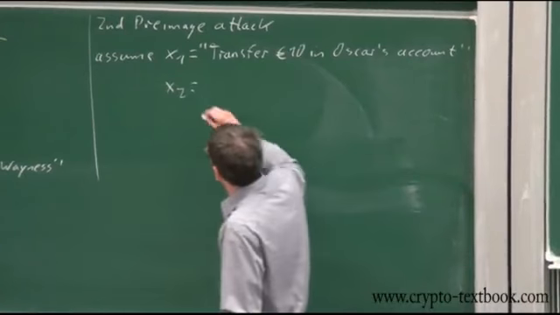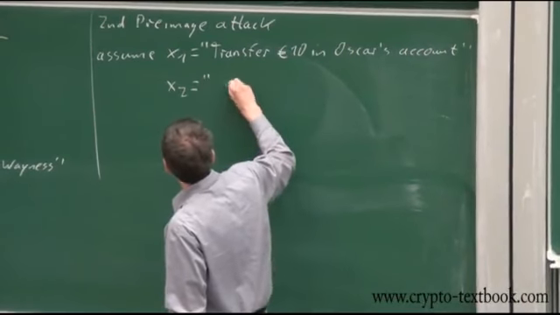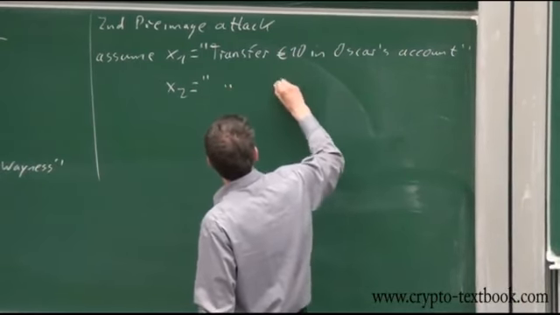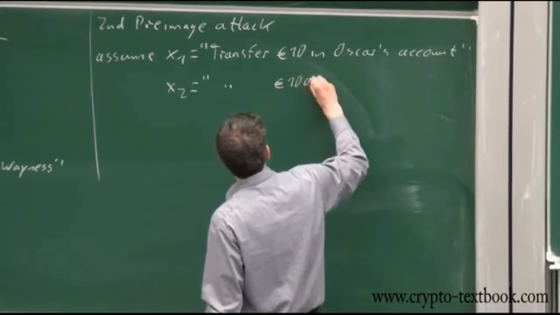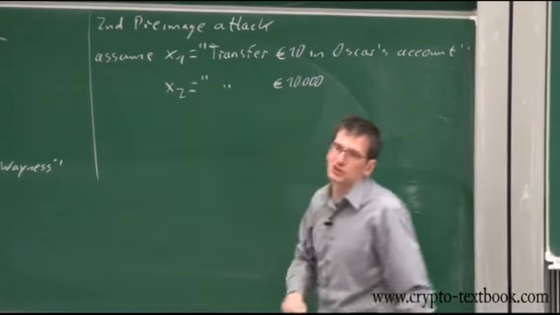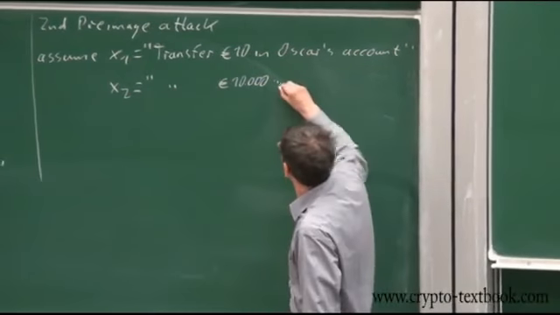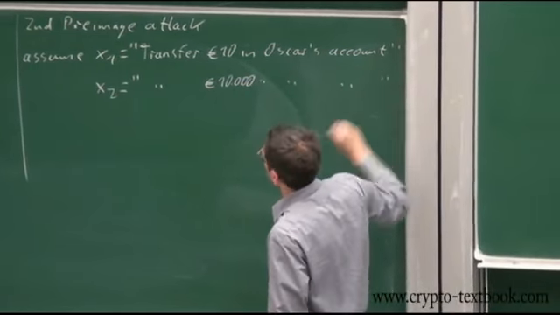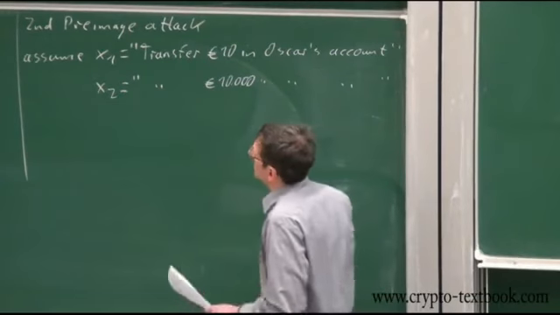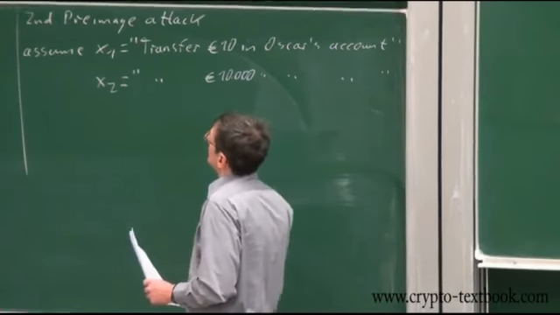So now for Oscar, if Oscar wiretaps, it would be very interesting for Oscar to change the €10 into 10,000 euros, right? Okay. So what happens if Oscar can actually do that?